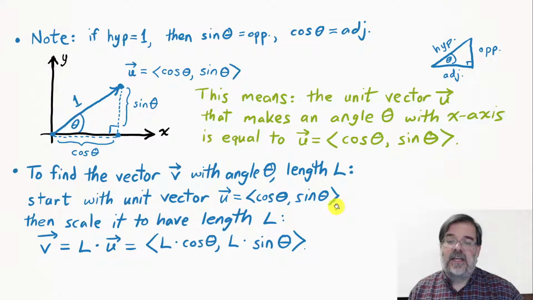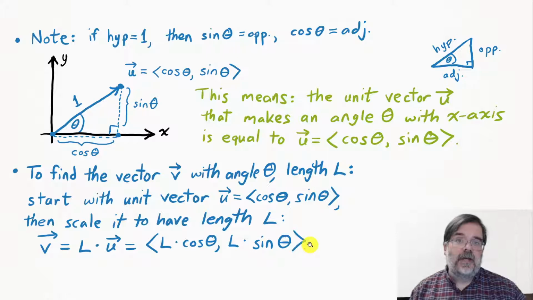Right, that vector has length 1. If you want your vector to have length L, you just have to scale it up. The way you scale it to have length L is you do scalar multiplication. The vector v is L times the vector u. In other words, L times cosine theta, comma, L times sine theta. So if you're given a direction and a length, you can determine what the coordinates of the vector are.